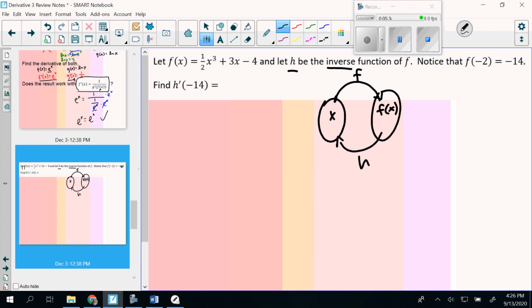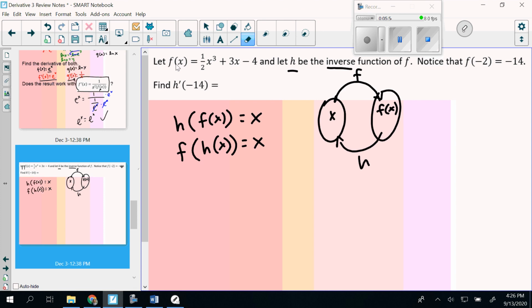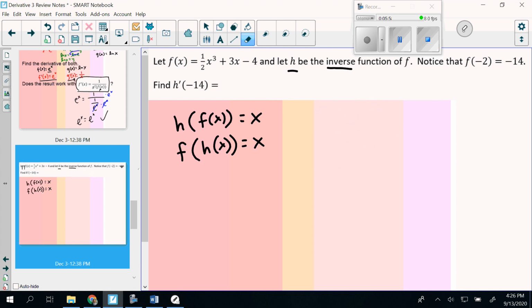So what we know is h at f of x should equal x, or the opposite one would be true too. If we applied function f to h of x, that should also bring us back to x. So because they're inverses, they should bring us right back to where we started. So we're going to use one of those to help us out here by applying derivative, because we're going to have to take the derivative if we want to find h prime of x here.